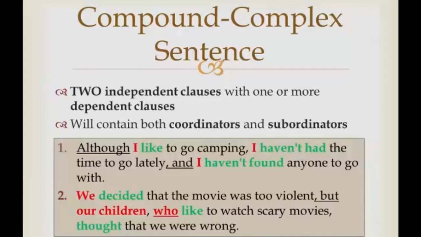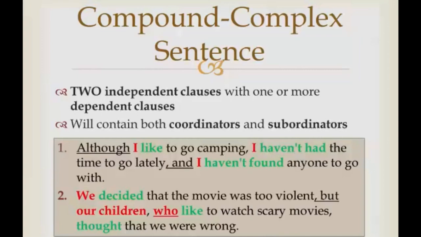Which one is a dependent clause? What do you think? I haven't had the time to go lately, and I haven't found anyone to go with are the two independent clauses. And the dependent clause is although I like to go camping.